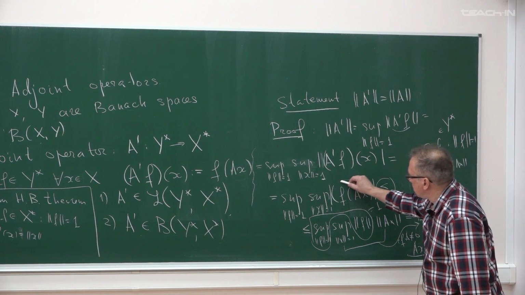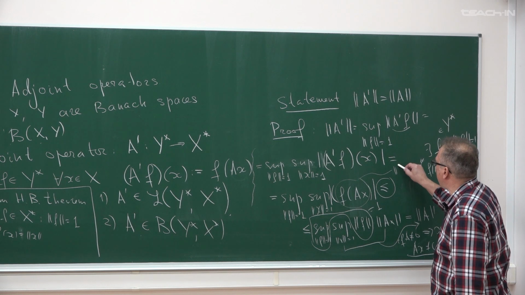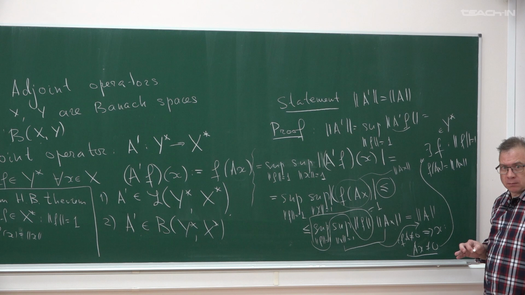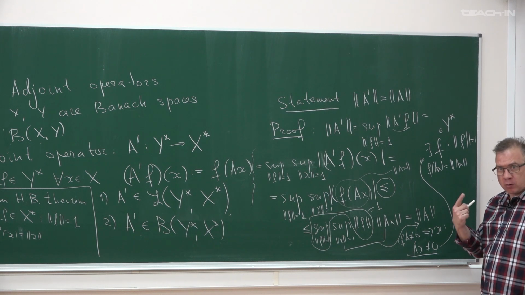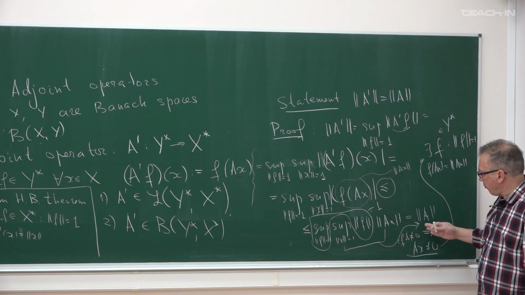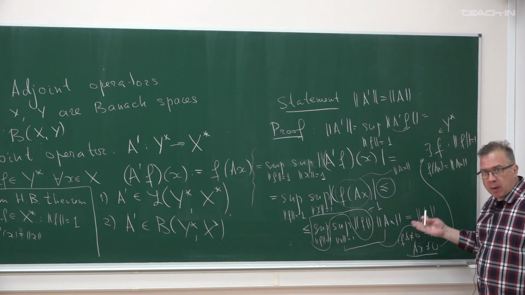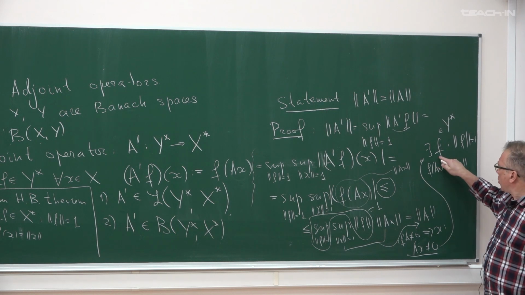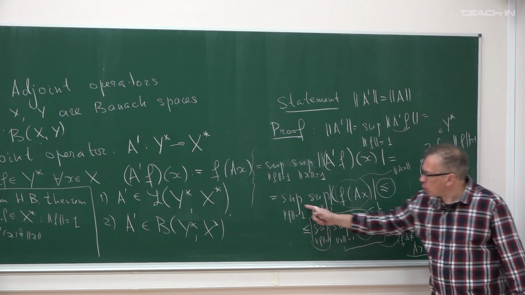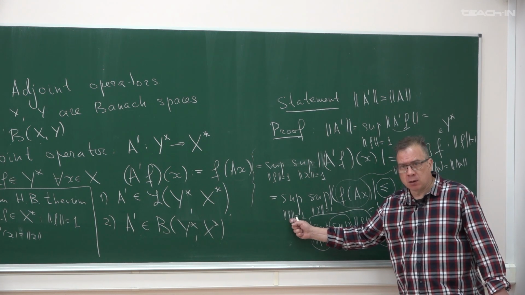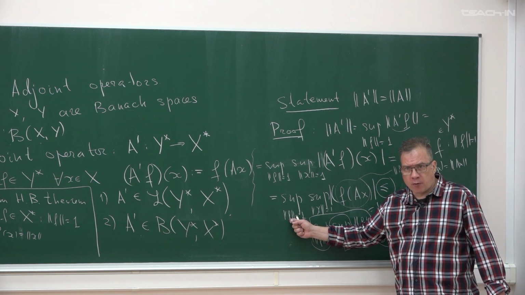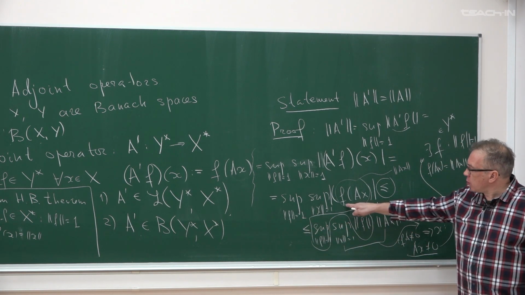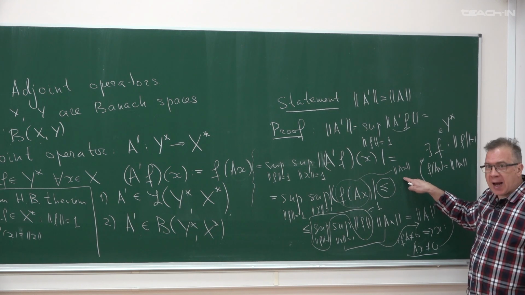For any arbitrary functional we have the inequality, but we have at least one functional from the unit sphere which gives us this value, the norm of Ax.